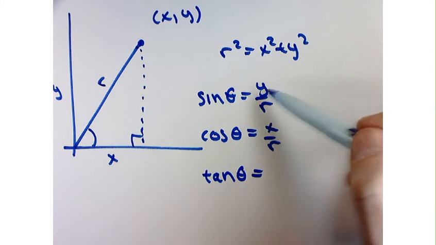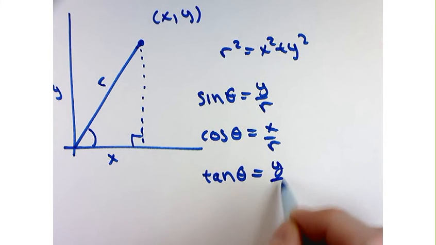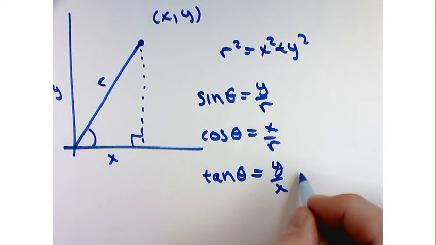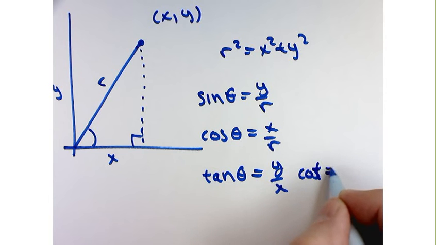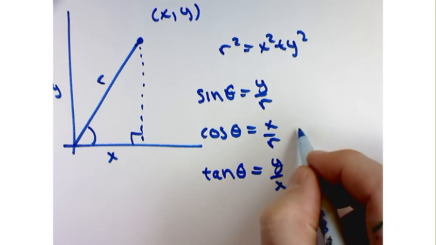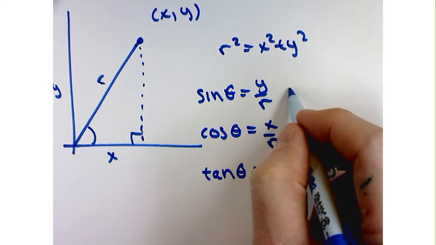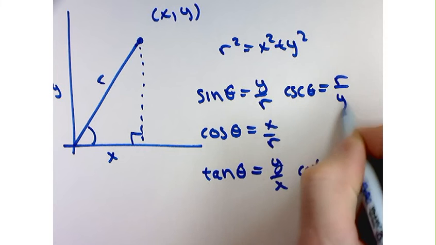Tangent is going to be this one divided by this one. It's just going to be y divided by x. So tangent's not going to change. Neither is cotangent. Cotangent is going to be x over y. How about the cosecant? That's going to be r over y.